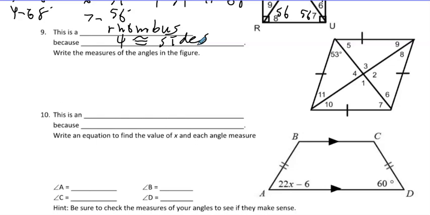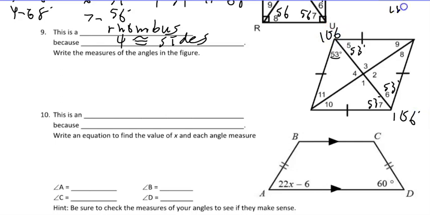So remember in a rhombus, what's special about a rhombus is the diagonals bisect the angles. So if this is 53, so is this. And therefore, opposite angles are equal. These are both 53. Now that makes 106 degrees for these two angles here.